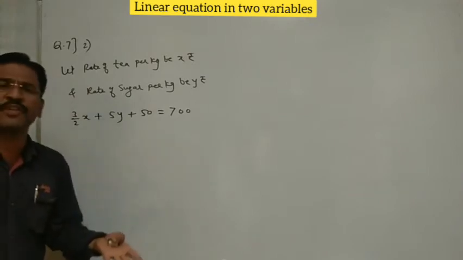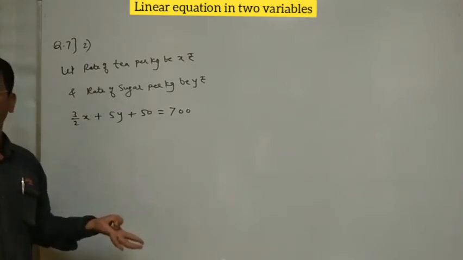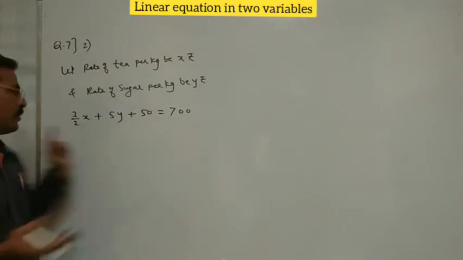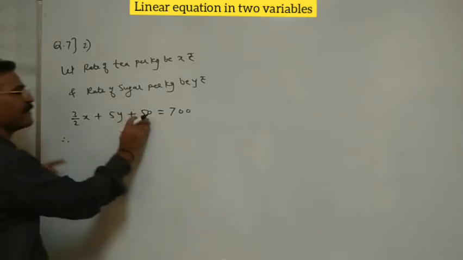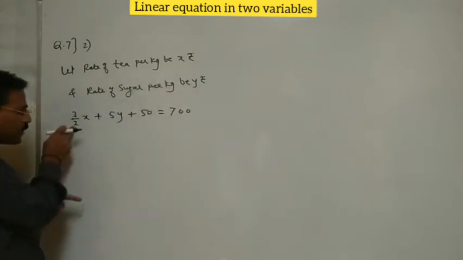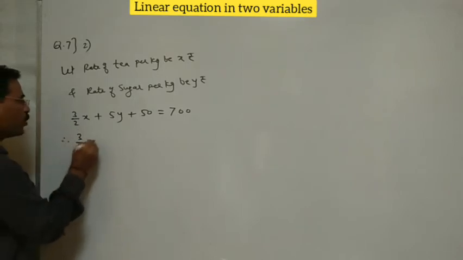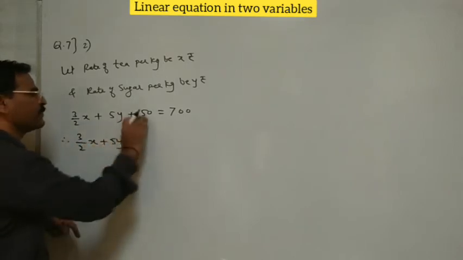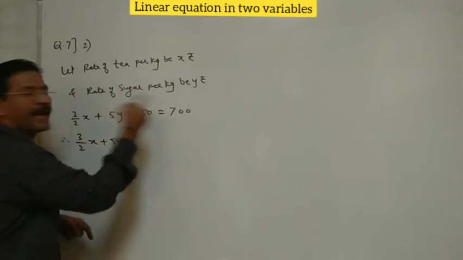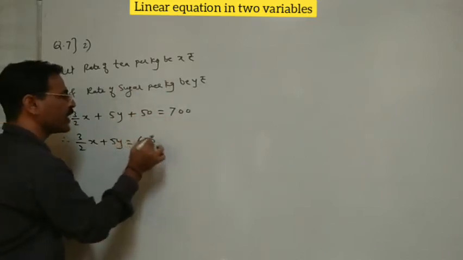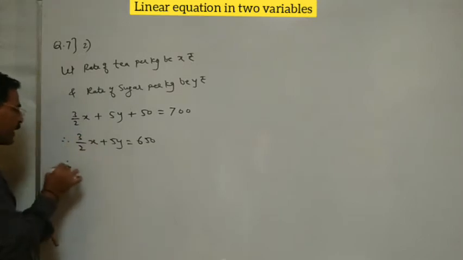Once you get that equation, the next part becomes very simple. So I'll write in need form first. I'll take this 50 to this side, and here we don't need this 2 in the denominator. So 3 upon 2 x plus 5y. This 50 goes that side. 700 minus 50 means what? 650. So again multiply both sides by 2.